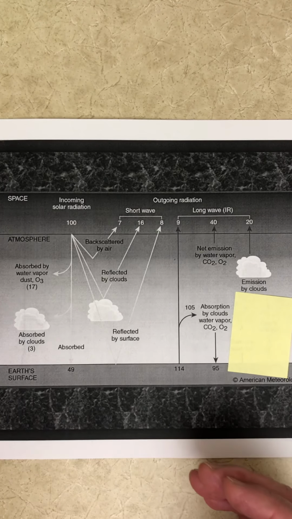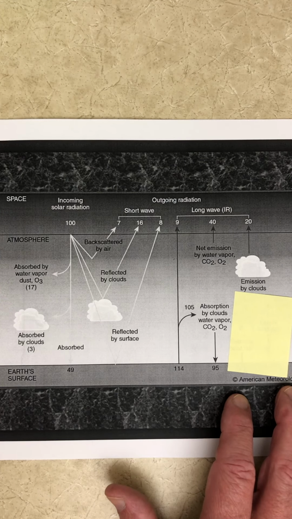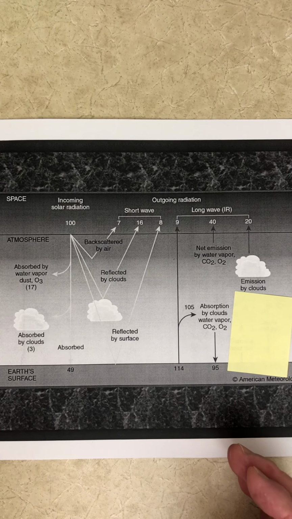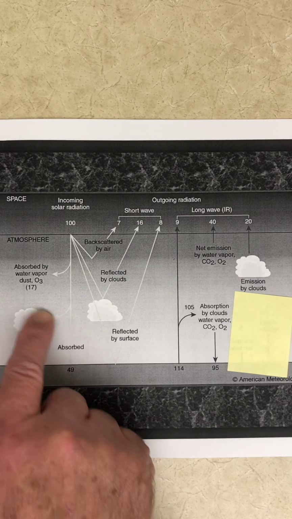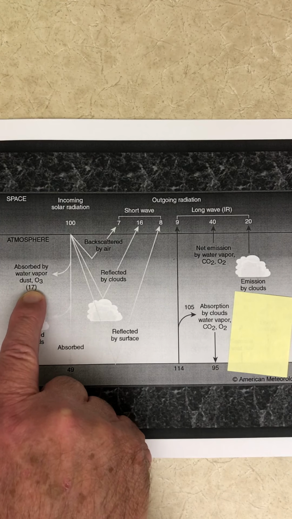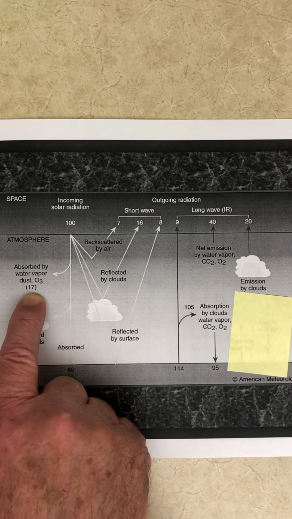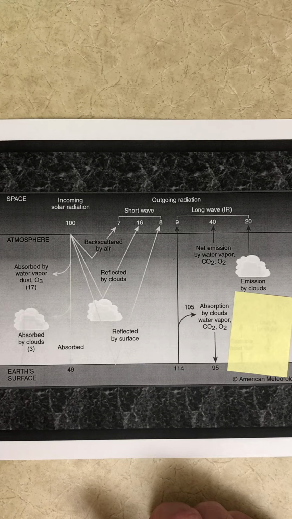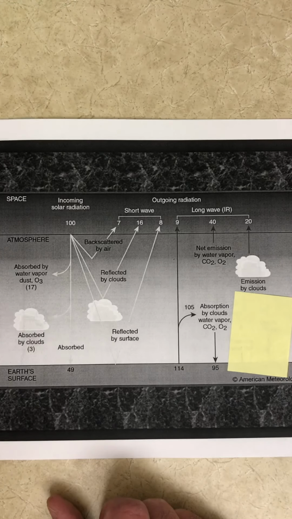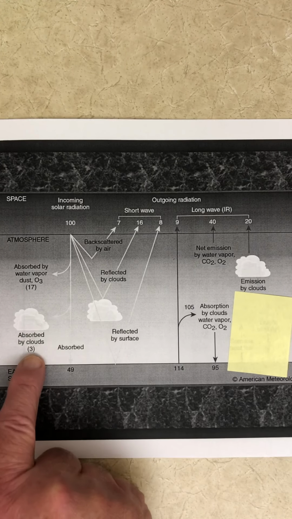The third thing that could happen to incoming solar radiation as it passes through the Earth's atmosphere is it might be absorbed by gases in the atmosphere. And so here we've got incoming solar radiation, okay? Water vapor, dust, ozone, things like that will absorb 17% of the incoming solar radiation. Clouds will absorb 3% of the incoming solar radiation. So we said that 20% is absorbed by the atmosphere. There's your 20%, okay?